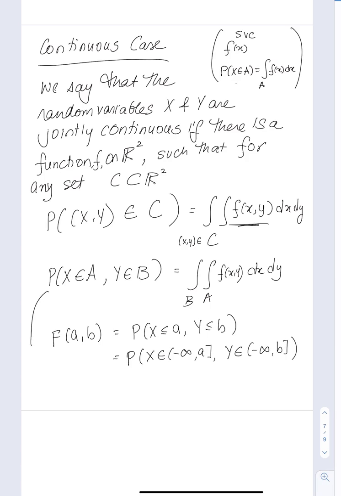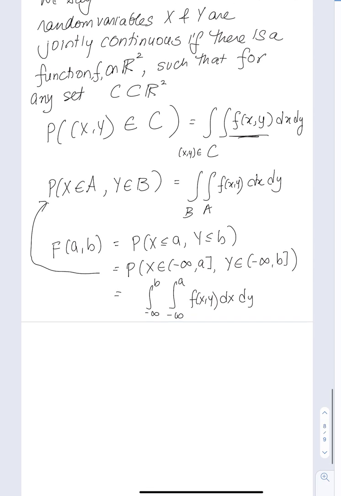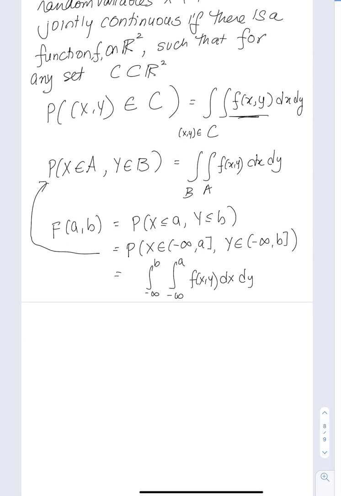So what will that be? Integral from minus infinity to b for the y limits, integral from minus infinity to a for the x limits. You have to integrate the joint density like this. So that shows you how to find the cumulative distribution function using the probability density function. You'll have to do this double integral.